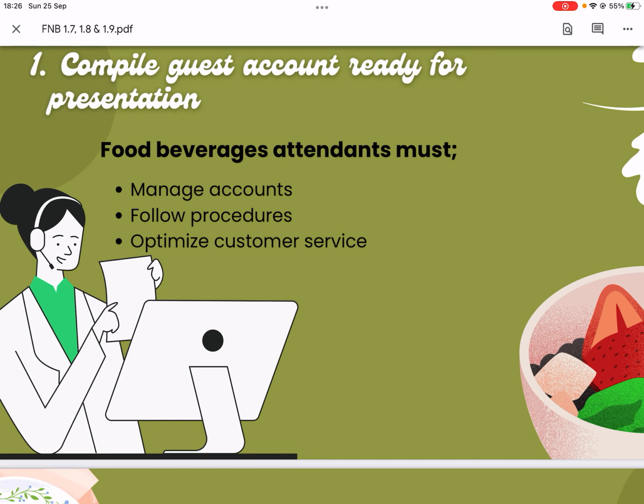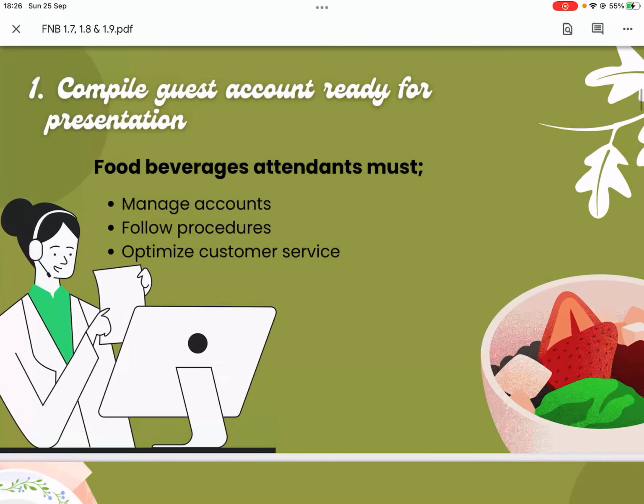And of course, you must be able to follow a procedure. The procedure is basically based on the company or the rules of the company. Let's say the basic information that you should put in a receipt is, as I've told you earlier, a table number, the food that they have ordered, and along with that are the corresponding prices.